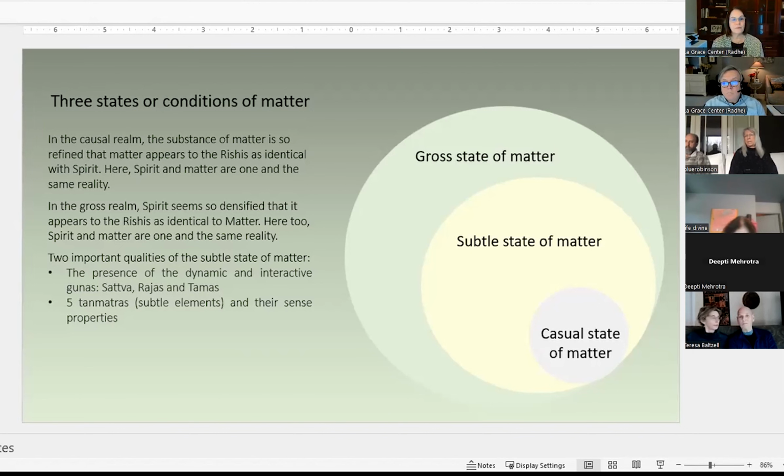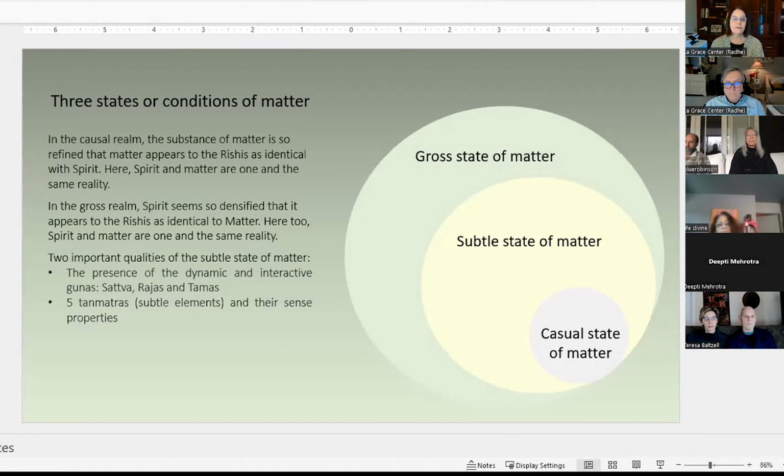Sattva, Rajas, and Tamas. As the desire creates a ripple, and the ripple spreads out into this ocean, these three gunas become active. They become dynamic. Sattva, Rajas, and Tamas. And we'll go through the three in a second for those that may not be familiar with them.